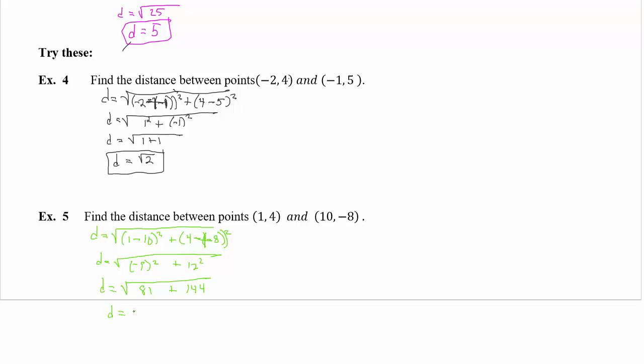D equals the square root of 225. And can we simplify the square root of 225? We can. It turns out to be a perfect square. D equals 15. Hopefully those problems worked out just like yours did.